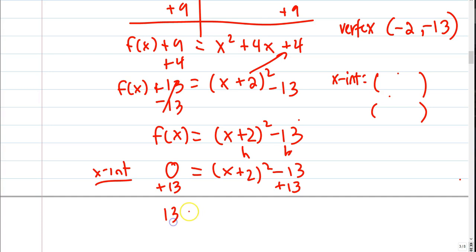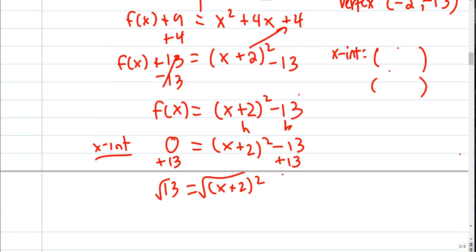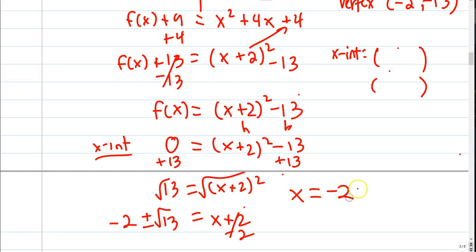And so we get 13 is equal to... solving it, the square root of 13 is real. It would be plus or minus square root of 13 is equal to x plus 2. And then when I subtract the 2, we get that x is equal to negative 2 plus or minus the square root of 13. This has two x-intercepts.